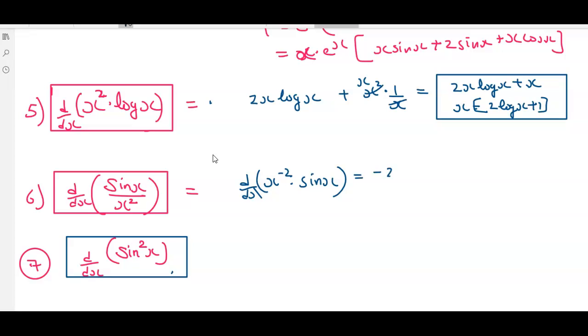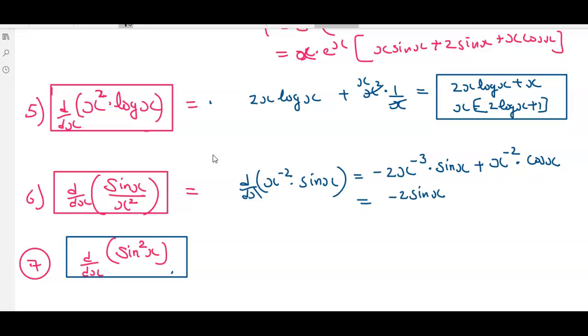It is minus 2x to the power minus 3, applying the same formula of x to the power n, which is n into x to the power n minus 1, sin x as it is, then the derivative of sin x, which is cos x, but x to the power minus 2 as it is, cos x.